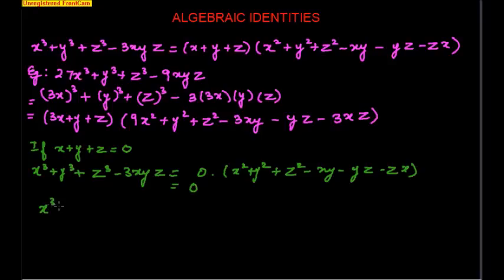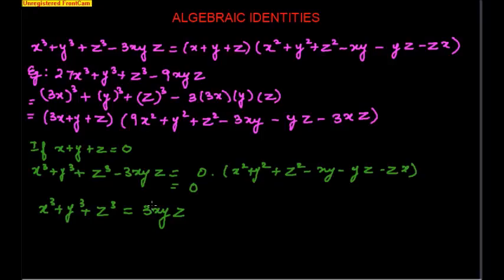Or it implies that x cube plus y cube plus z cube is equal to 3xyz. So we have another rule that if x plus y plus z is equal to 0, then x cube plus y cube plus z cube is equal to 3xyz.